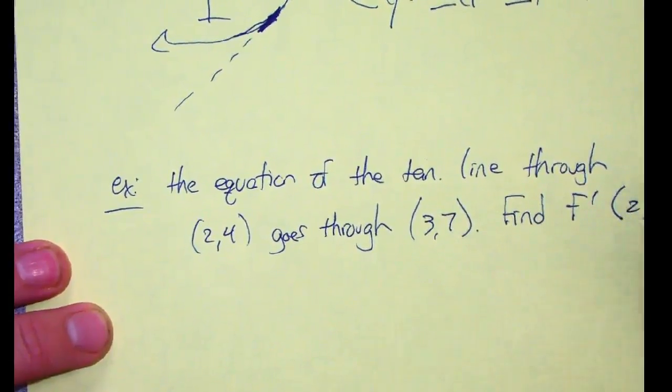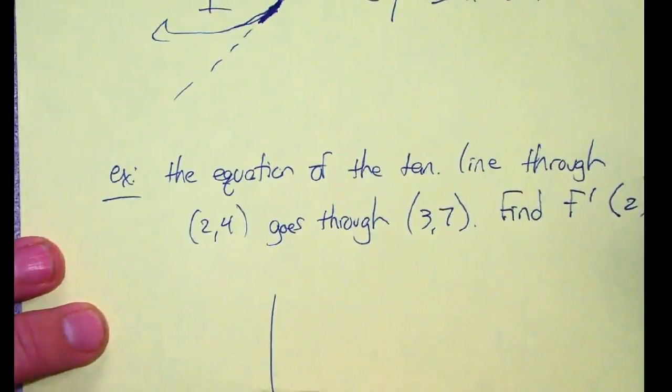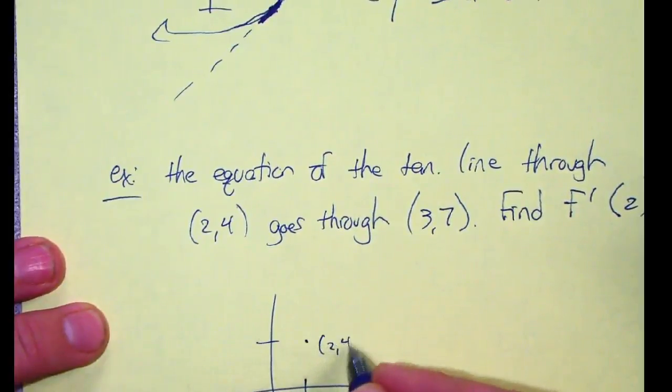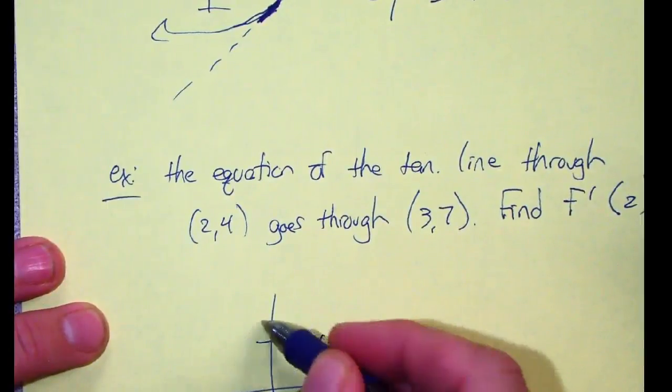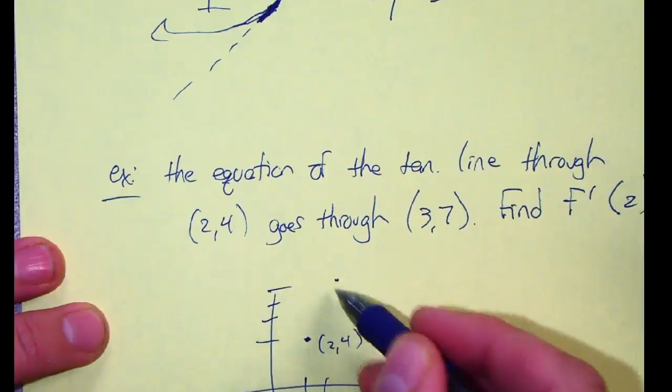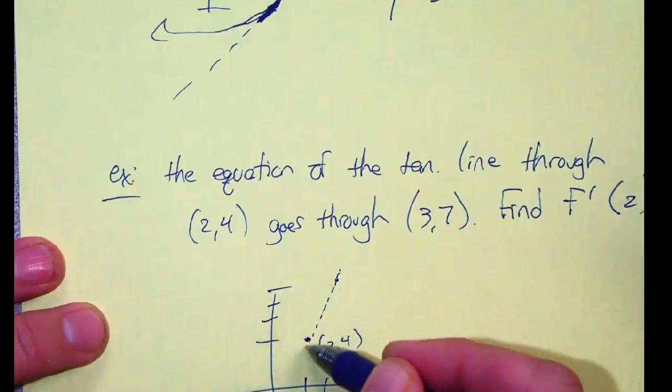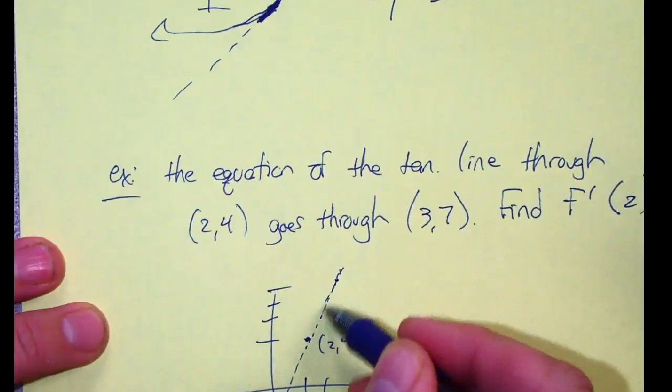Find f prime of 2. So what they're saying there, they're kind of making you work backwards. So at 2 comma 4, there's a surfboard here. And that surfboard, if I extend it, would hit 3 comma 7. So there is your surfboard.